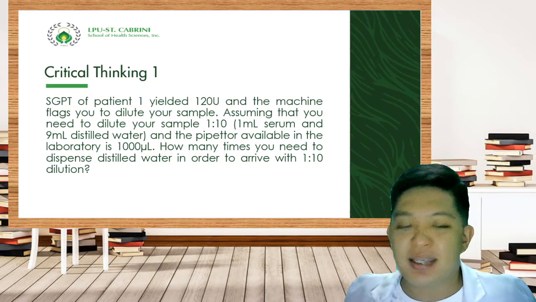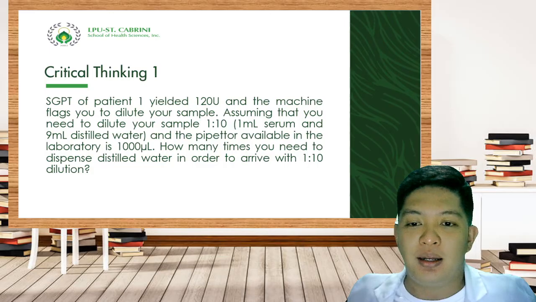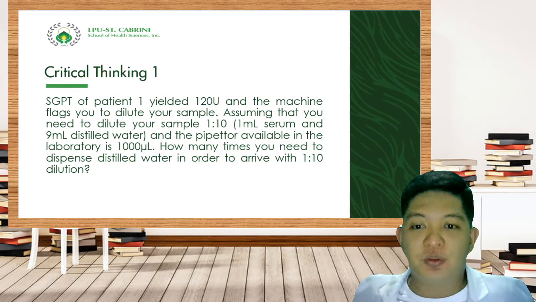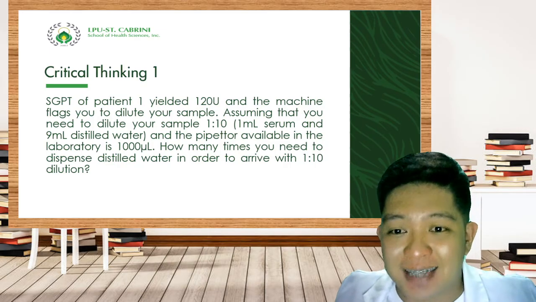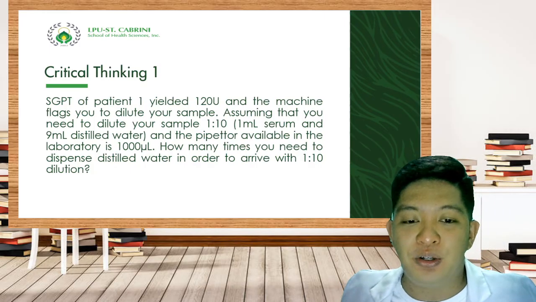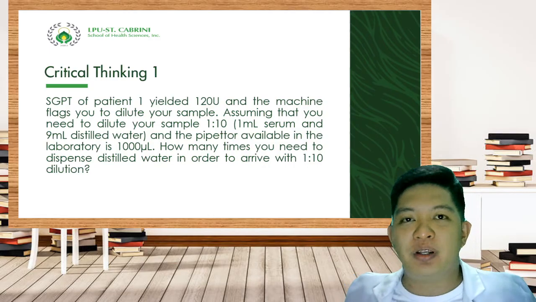Then, the same thing. Convert 9 ml to UL, which will give you 9,000 UL. And one dispense or the capacity of each tip is 1,000 UL, then you have to repeat it 9 times in order for you to dispense 9 ml. But I want you to remember this one, people.